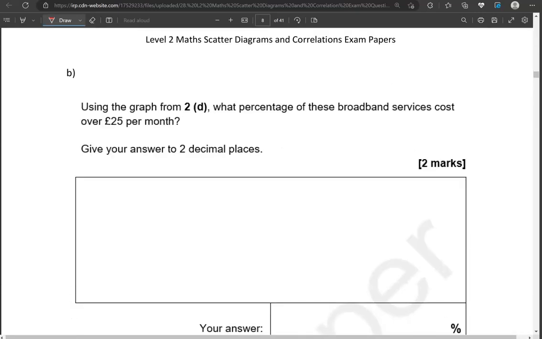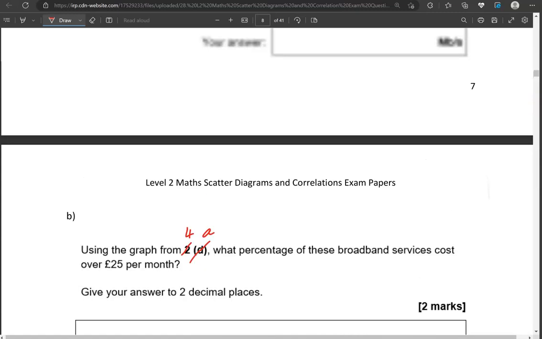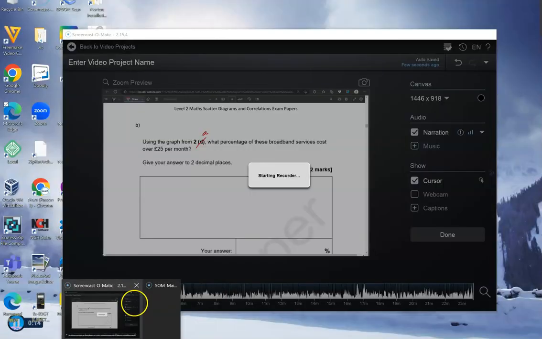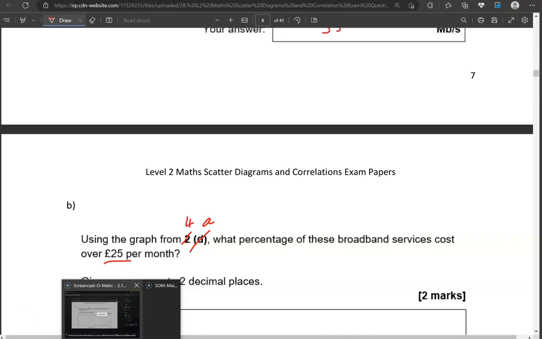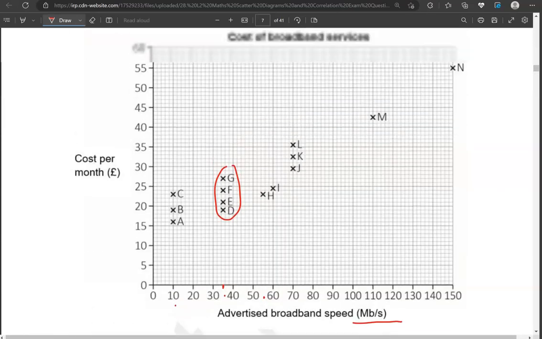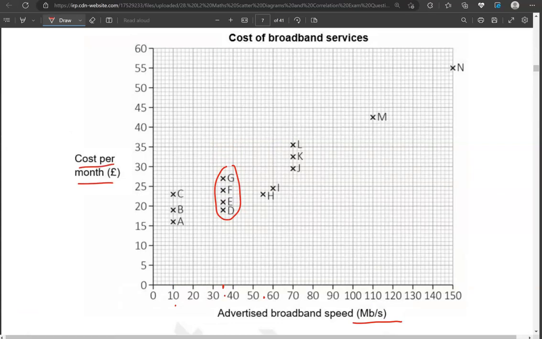Using the graph from the question above, what percentage of these broadband services cost over £25 per month? Give your answer to 2 decimal places. So we're looking for over £25 per month. So there is cost per month, 25.